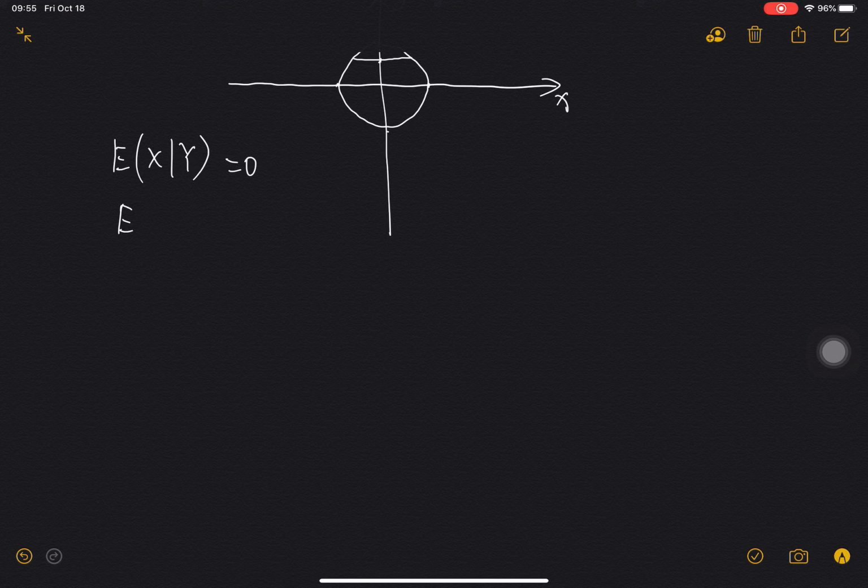So the expectation of x given y equals small y is also 0.